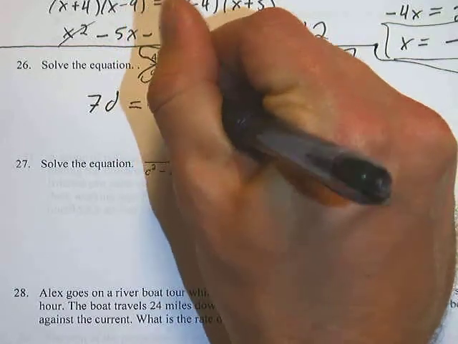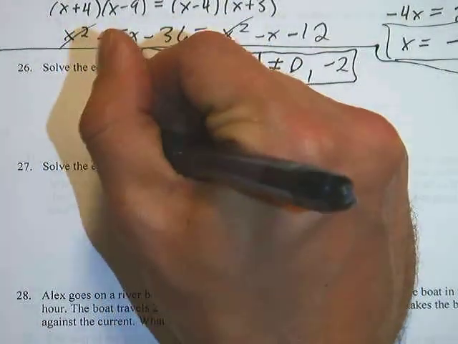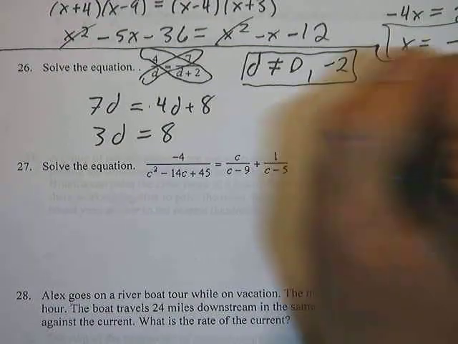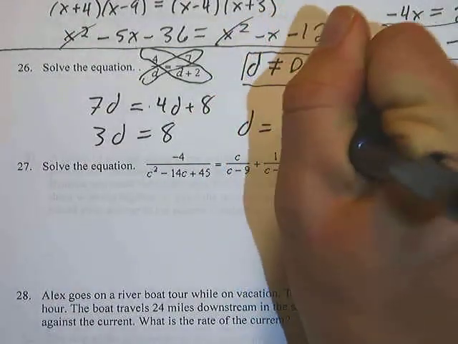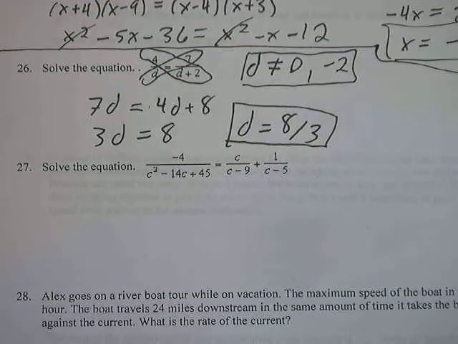And then we're going to cross multiply these guys right here. So I'm going to end up with 7D equals 4D plus 8. When you subtract 4D from both sides, you get 3D equals 8. Divide both sides by 3. You've got D equals 8 over 3, which is not a restricted value. So it's the answer right there.